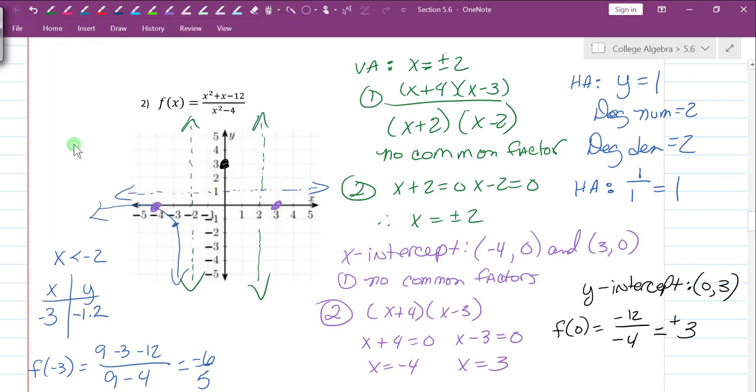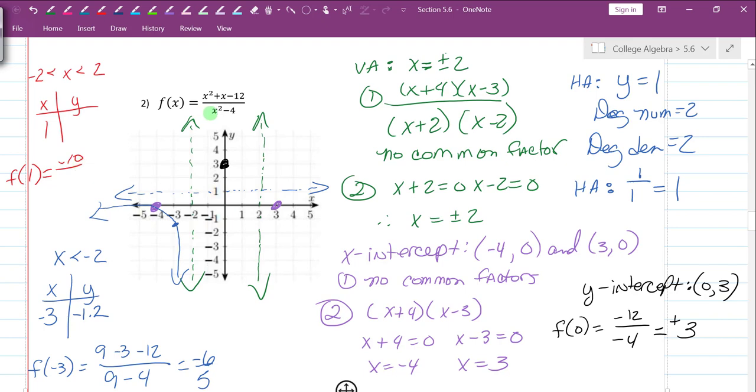So the next spot that I'm going to look at is when negative 2 is less than x, which is less than positive 2. So I'm going to have an x and a y, and the value for x I'm going to choose is 1. And so I'm going to plug in, f of 1 is equal to 1 squared, which is 1, plus 1, that makes 2. 2 minus 12 is negative 10.